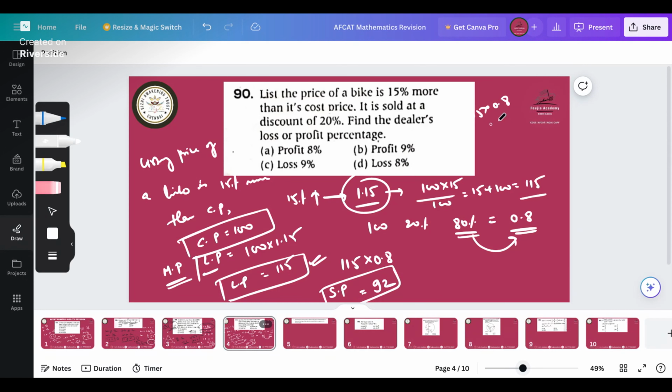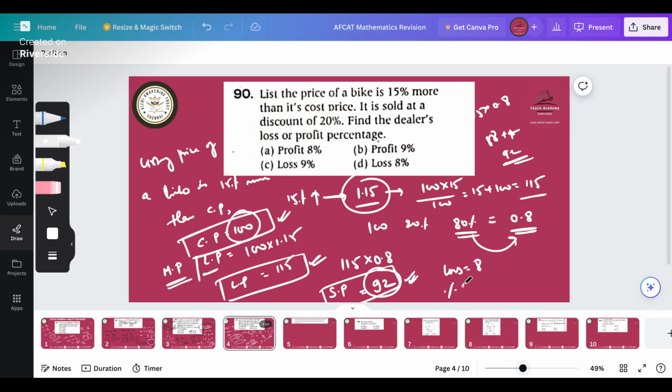How much is that? 11 into 8 is 88, plus 4 is 92, right? So he bought it for 100 and sold it for 92. How much loss did he get? A loss of 8.